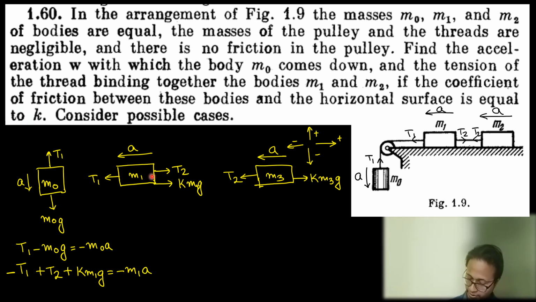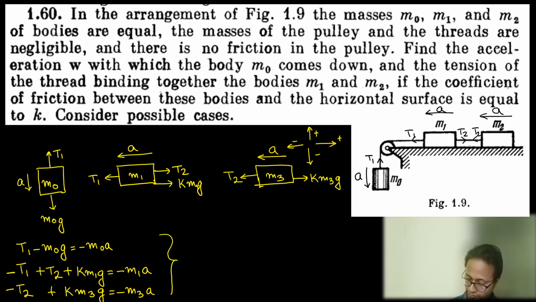Why? Because this direction is negative, all the forces in this direction are positive, and the acceleration is in the negative direction. For the third body, minus T2 plus k m2 g is equal to minus m2 a.